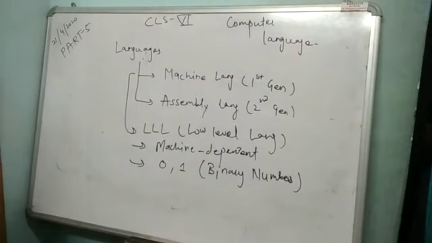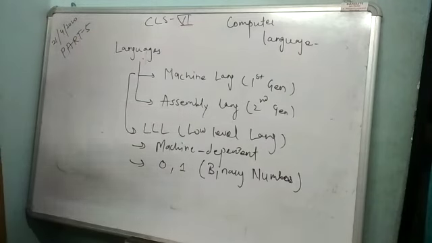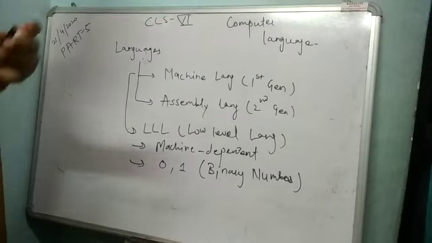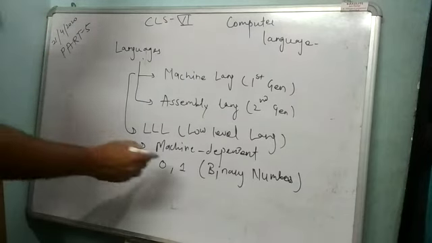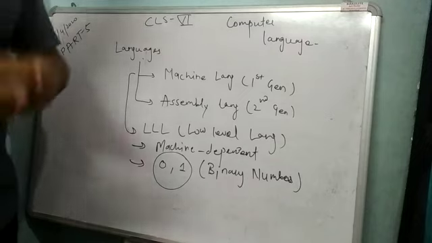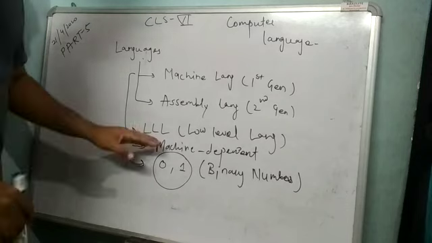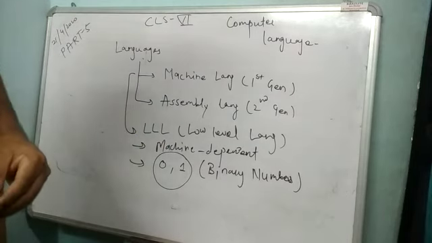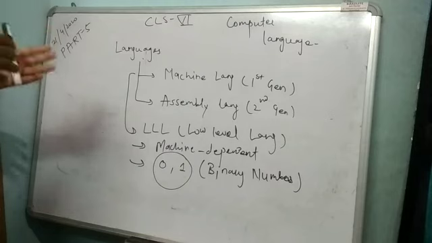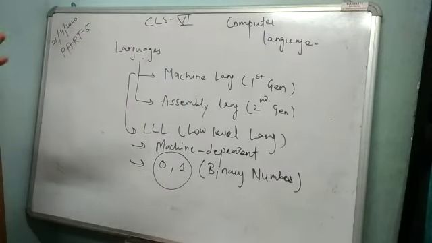To communicate with the computer in machine language was very typical and very tough, because you have to give instructions in the form of 0 and 1, which is very tough to learn and very tough to implement. These languages are machine dependent, so you cannot run these programs on any other machines or any other operating systems.